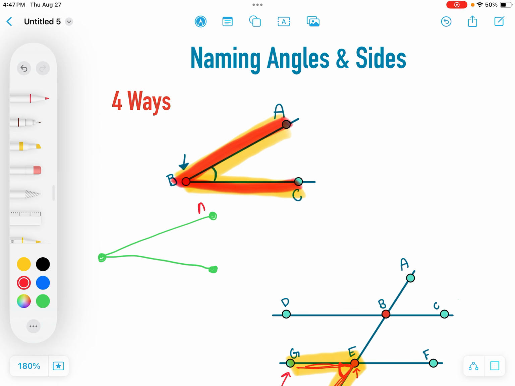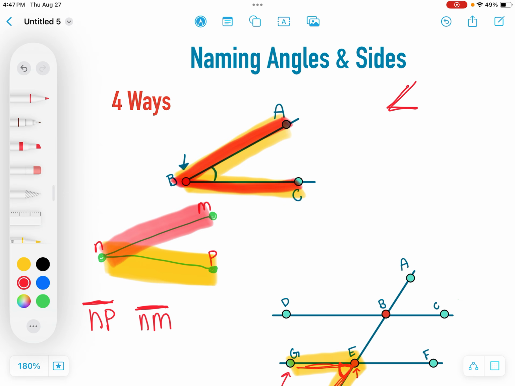We have M, N, and P. If I want to talk not about the angle, but just about this side right here, you're going to write NP with a line on top. This line tells you that you're talking about a side. If I wanted to talk about this side up here, then we would write NM and we'd put that line on top.